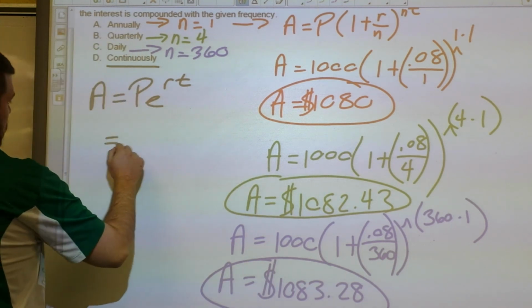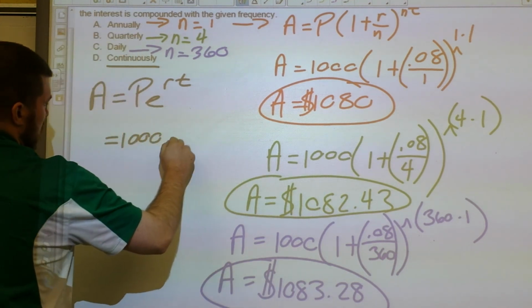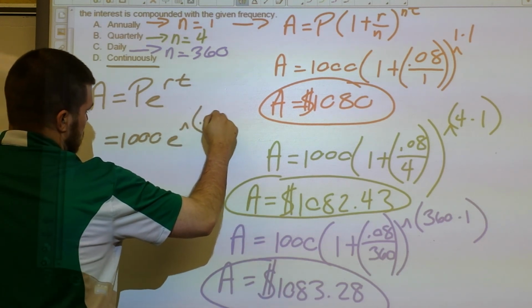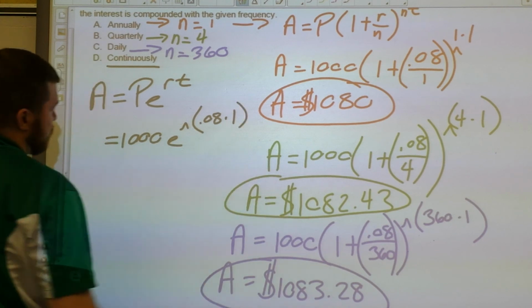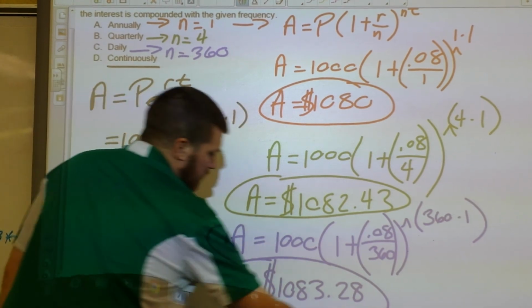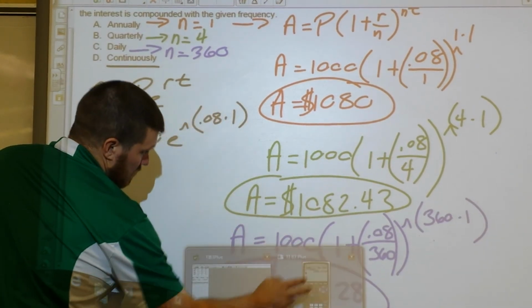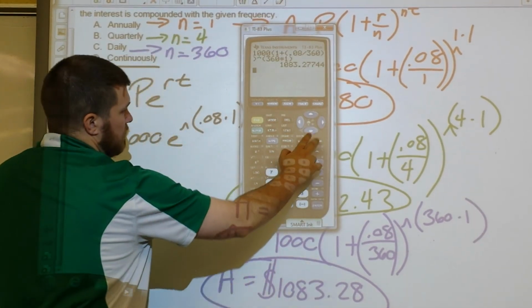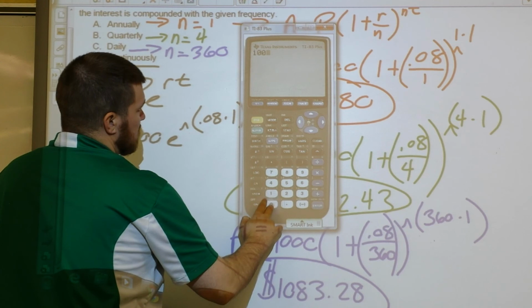Okay, so let's plug in what we know. 1,000 times E raised to, we have more than one thing up here, 0.08 times 1. So in our calculator, 1,000.